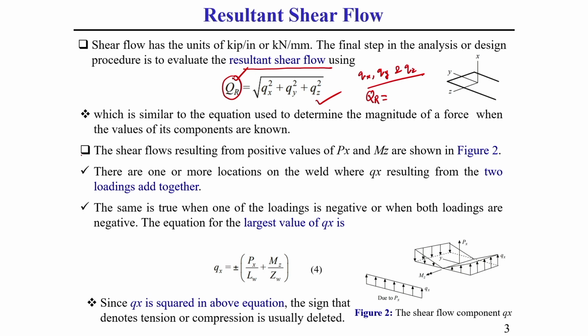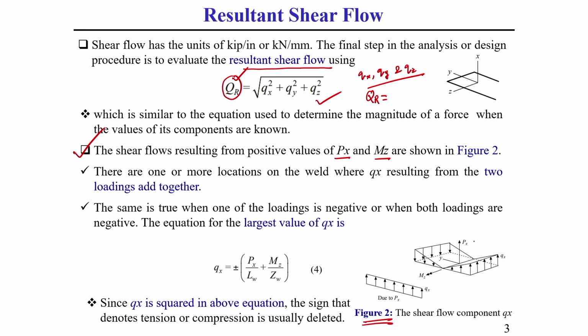So, the first case I will discuss is when a welded structure or welded joint is subjected to Px and Mz. How do we find the resultant shear flow for this case? Px and Mz are shown here in figure number 2.